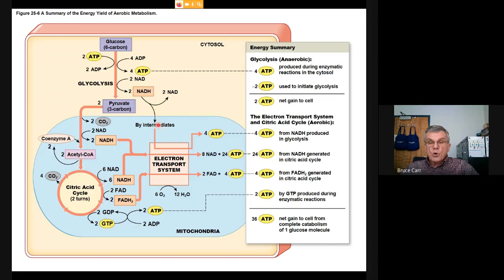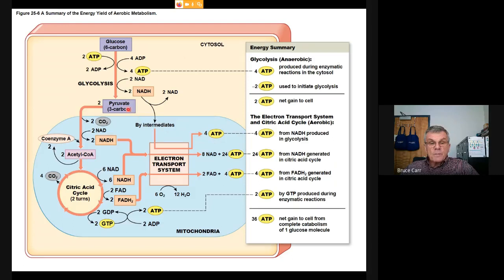Those NADH are transported here into the mitochondrion where they're going to be converted to ATP. But notice the difference here. I said you're going to be able to make 3 ATP per NADH, but here it's only showing 4. Why the difference? To get the NADH into the mitochondrion requires an ATP. So that is another minus 2. It shows up here on the balance sheet. These NADH from the glycolysis only produce 4 ATP.